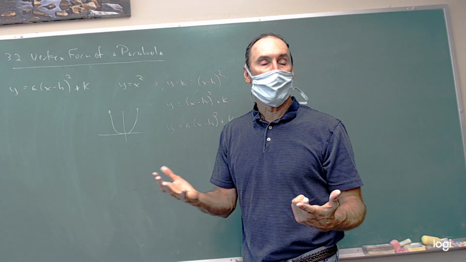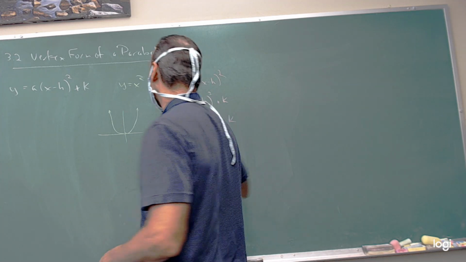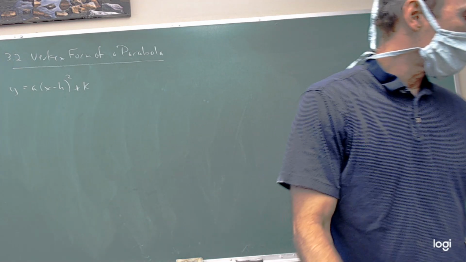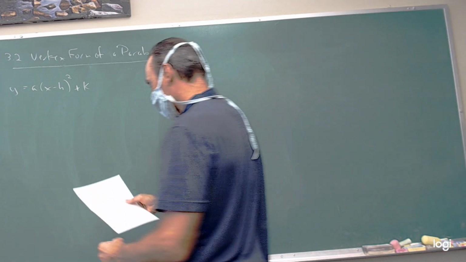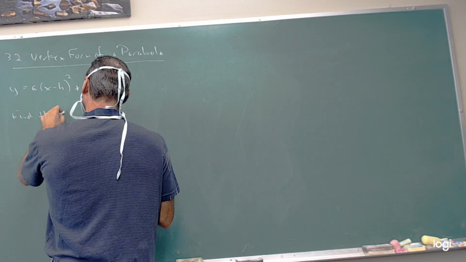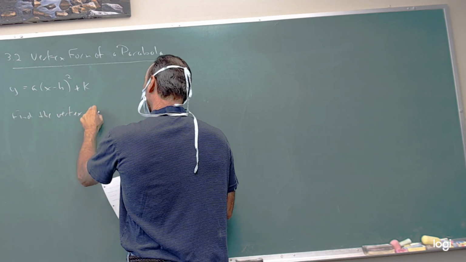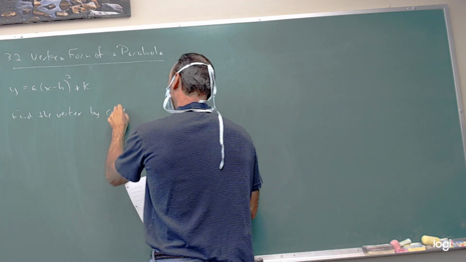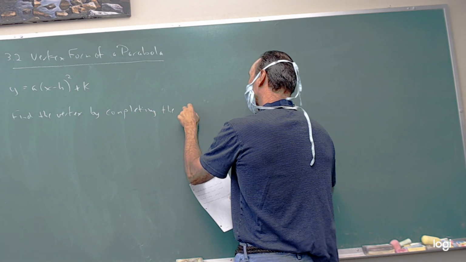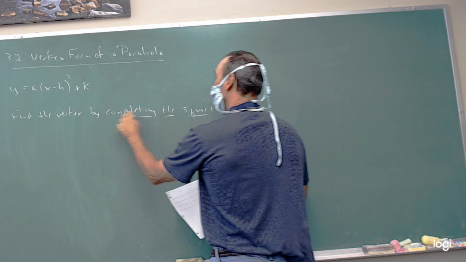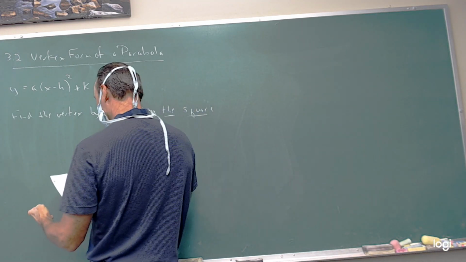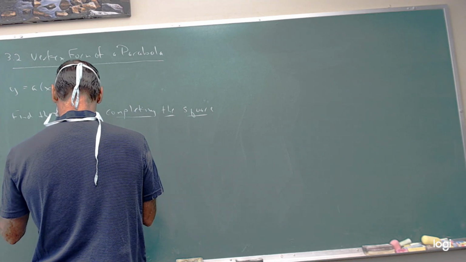And that's going to involve what we call completing the square. So let's see what that looks like. And there's going to be some complications along the way. So let's find the vertex. I'll direct you by completing the square. So this process that we are doing is called completing the square. We're going to put it into that vertex form that we see there, and then we're going to say what that vertex is.